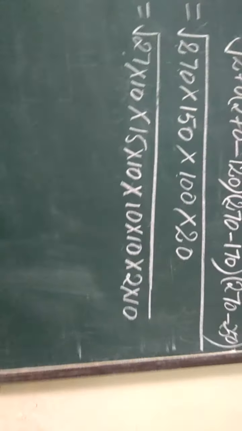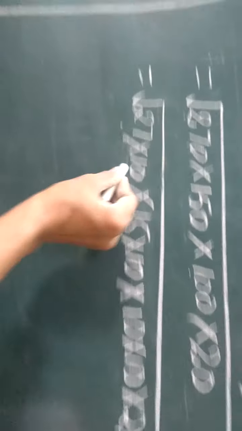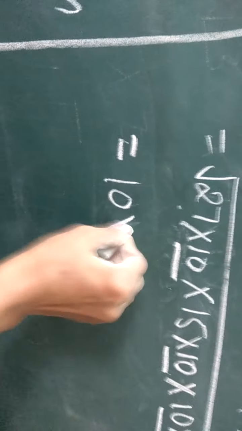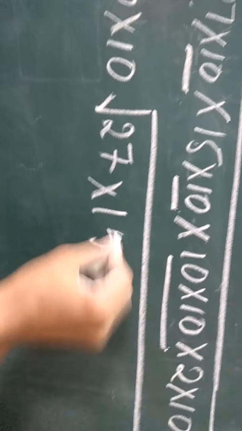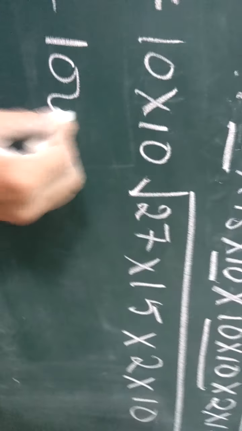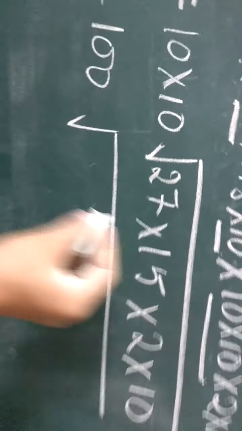So let us see the pairs. One pair is this. One pair is this. So we will take one 10 from here and one 10 from here outside, 10 into 10. Now we are left with the remaining numbers, 27 into 15 into 2 into 10. Let us further factorize them. 10 into 10 is 100.